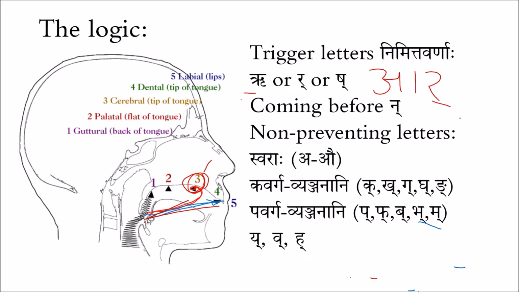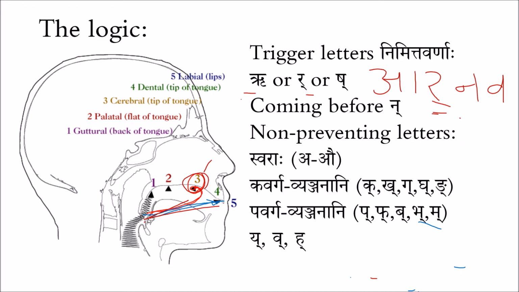We have Ra, and then Na was supposed to be there, but for pronouncing this Ra, which is a trigger letter, the tongue is already there, and instead of forcing it to this Dantya position, we just use that Na, which is already there, whose position is also Murdha. So we just use that Na there. So it becomes easy and natural. Arnava.